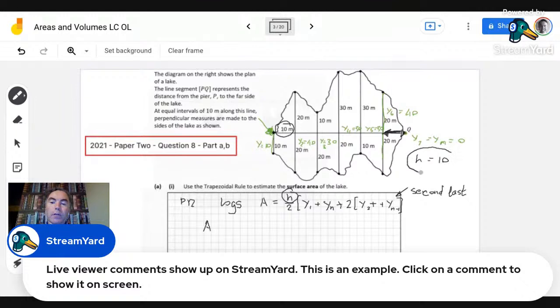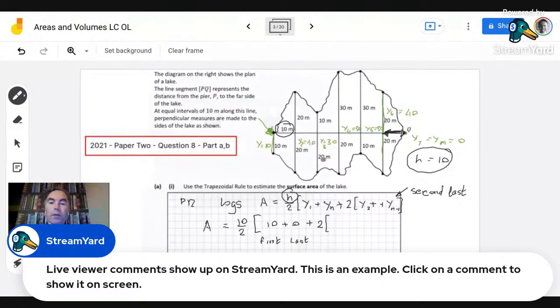Okay, so we've everything we need now to substitute into the formula. So let's take our time and get it right. Okay, so it'll be 10 over 2, h over 2. Open your brackets, and it's the first. Okay, so the first value is 10, because that's y1, plus the last, and the last value is 0, plus twice of the others. So let's look at what's there.